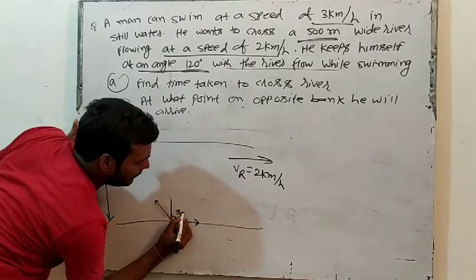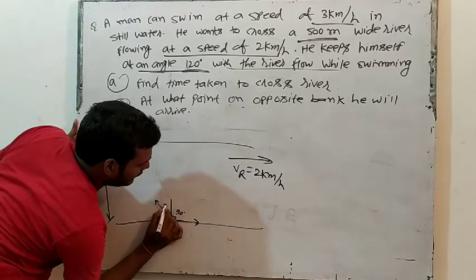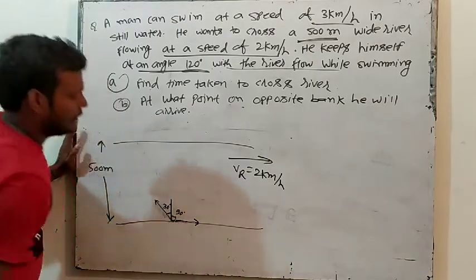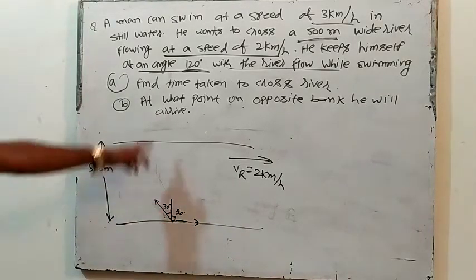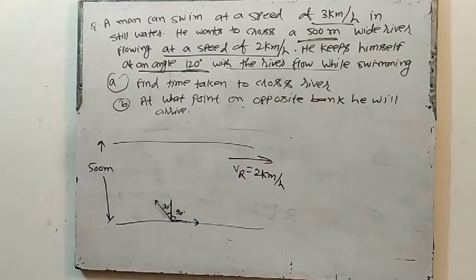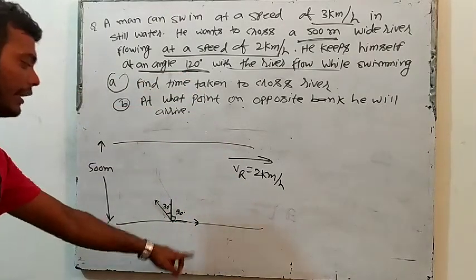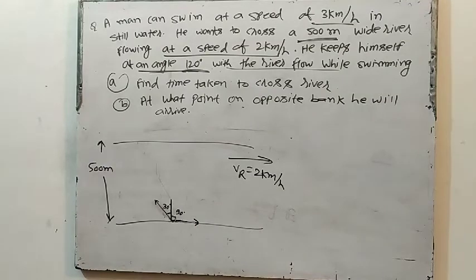So if this angle is 90, this angle will be 30 degrees. 90 plus 30 will be 120, so this whole angle is 120. They are saying that this man is making a 120 degree angle with the flow of the river.